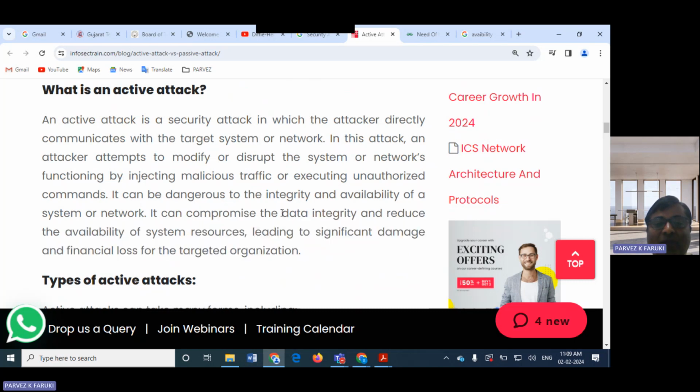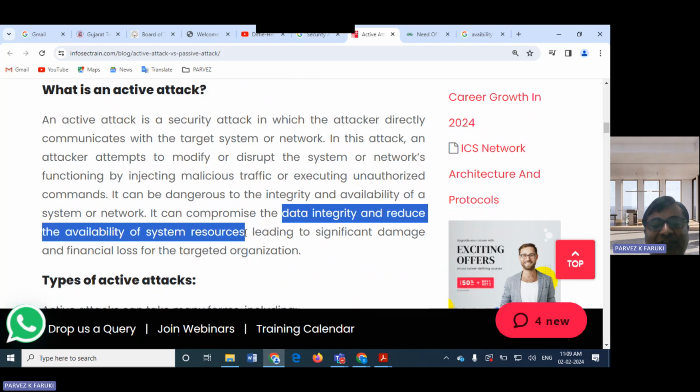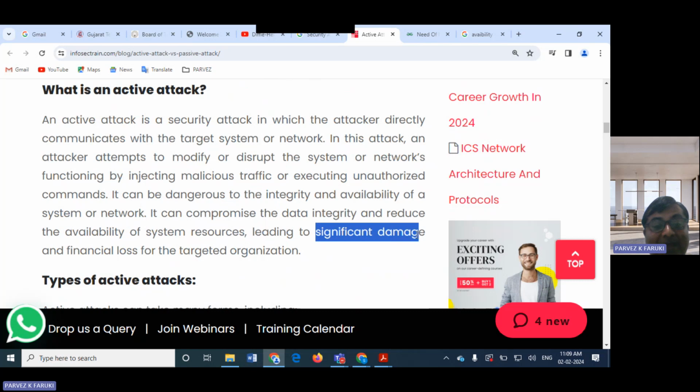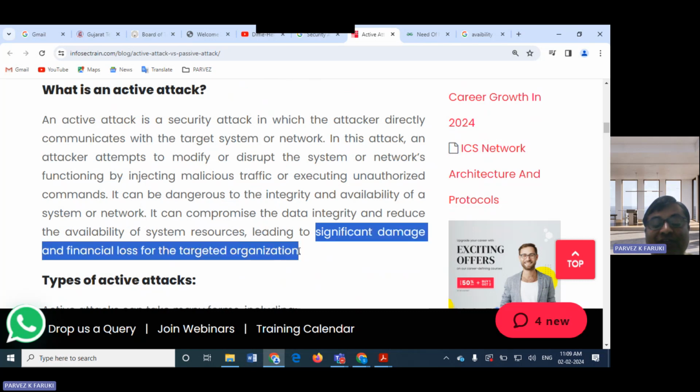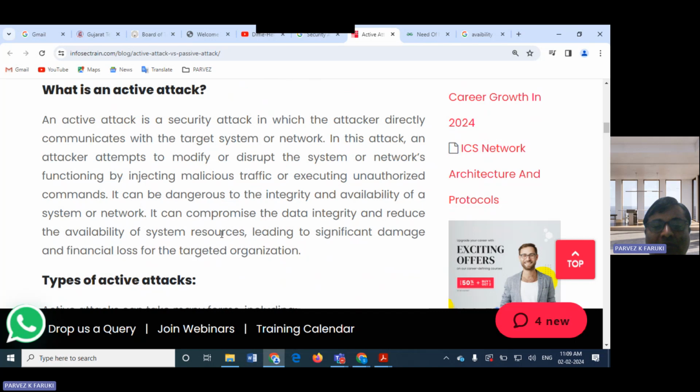So whenever someone is able to compromise the integrity and reduce the availability of the system resources, which creates significant damage or loss to the server, that is to Bob. Assume Bob had 1 million clients before the attack, and the clients saw that there are no good security mechanisms.